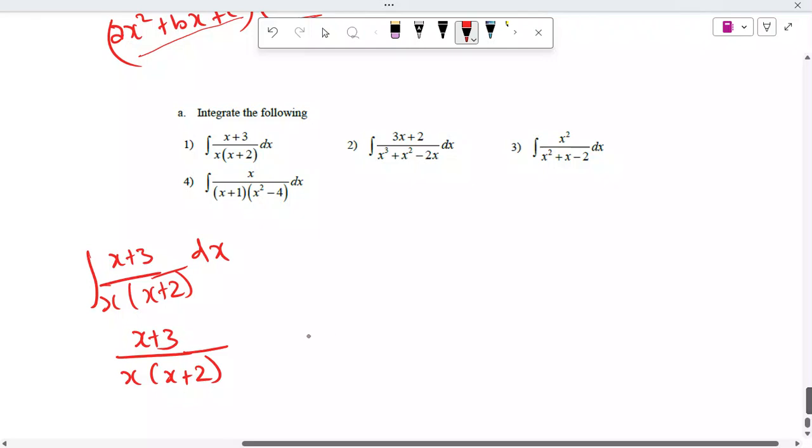So we'll decompose it. This one is a linear function, a power 1. So there are two factors, x and x plus 2. We'll say A over the first factor, which is x, plus B over the next factor, which is x plus 2.